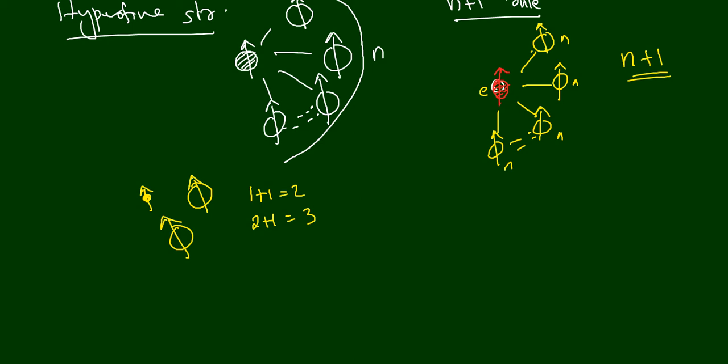Now, we are going to compare the coupling constant of the hyperfine structure of the ESR spectrum, which we call A ESR, with the coupling constant that we observe in the NMR spectrum.